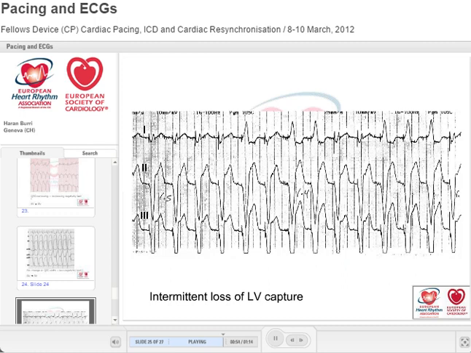You can't really see the difference between biventricular capture with anodal capture or without anodal capture. You sometimes see small differences in the surface ECG, but it's pretty difficult to spot. I'll be coming back to anodal capture also later on.